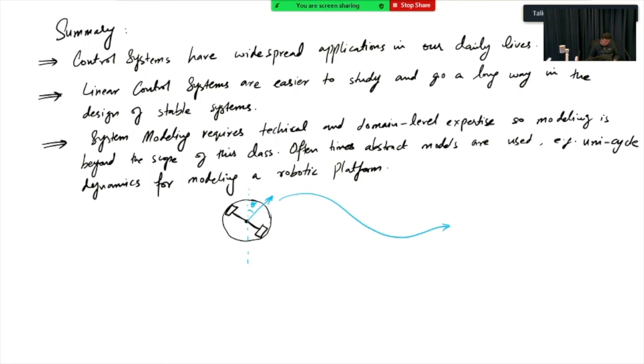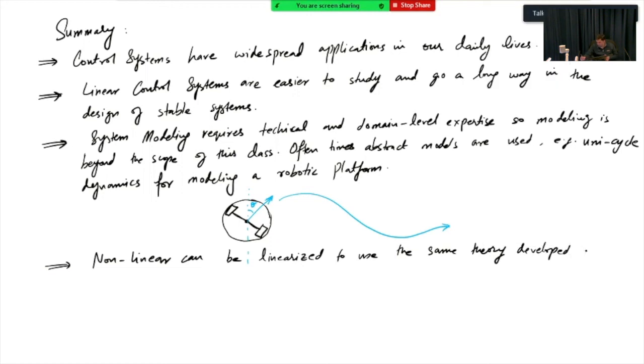Okay, so we've seen linear systems, but we said non-linear systems can actually be linearized to use the same theory developed for linear systems.